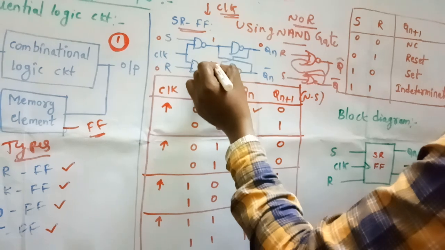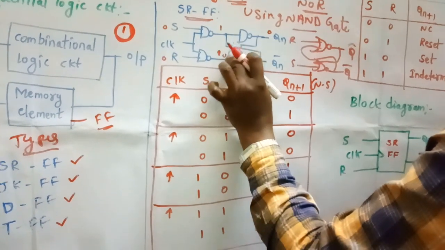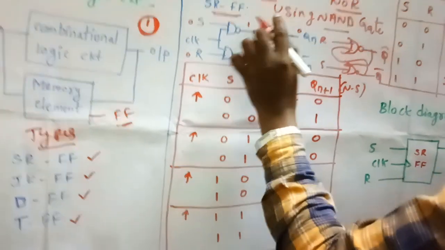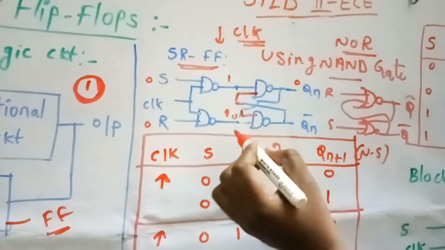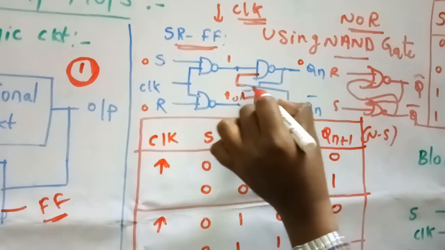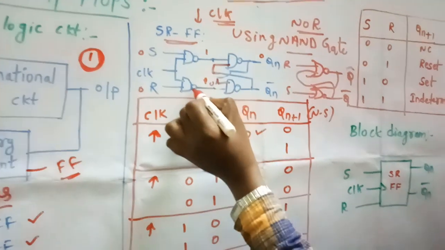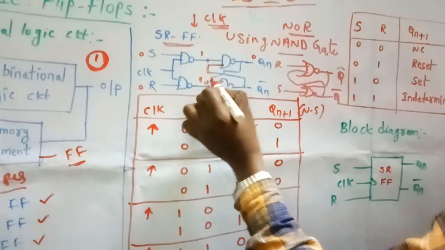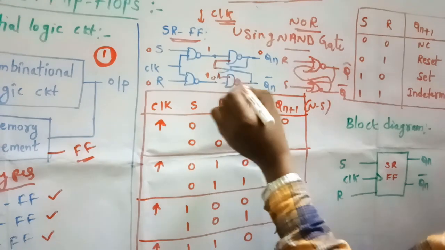Then already we have 1 here. This one we are going to connect like this, so here connect another output. 0 we take from Qn, so from Qn 0 and this output is 1. This is a NAND gate with the 0, 1 combination. The output is 0 into 1, 0, 0 bar 1.